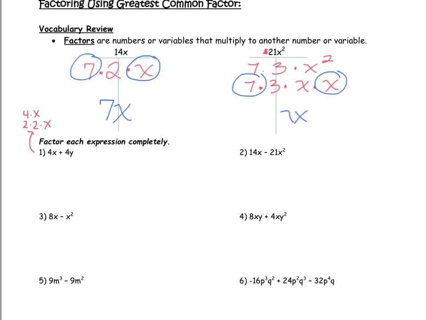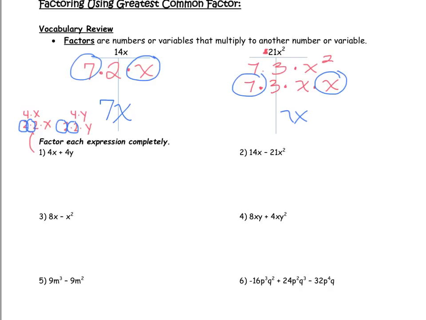So 4y would be, again, 4 times y. And 4 would be 2 times 2 times y. Since I can't go any further, you're just going to see which ones are the same. So 2, 2, 2, 2. And if you multiply the 2's together, so 2 times 2, that gives you 4.